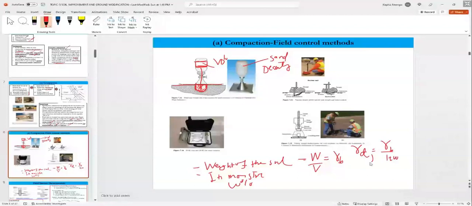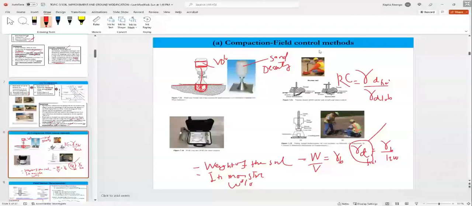That gives you the dry density of this soil. We compare this dry density in the field to the maximum dry density in the lab, and that will give you the relative compaction in the field. Now, that's the sand cone method.